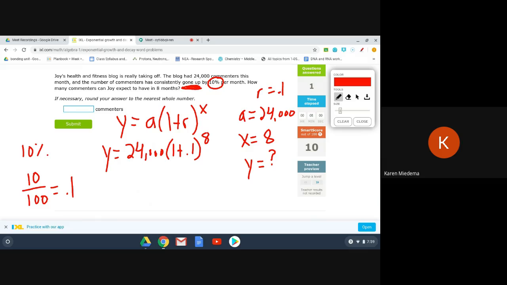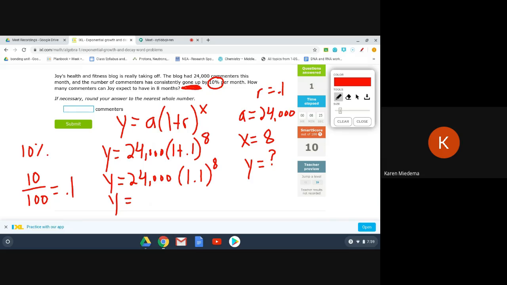Okay, once again, this is all numbers. You can enter it carefully in your calculator. I tend to show this extra step of simplifying what's in the parentheses, and then I go ahead and solve. So using my calculator, 24,000 parentheses 1.1, all raised to the 8th power.